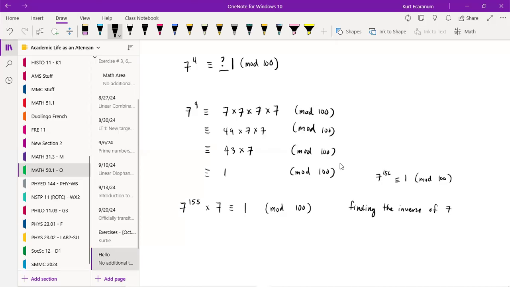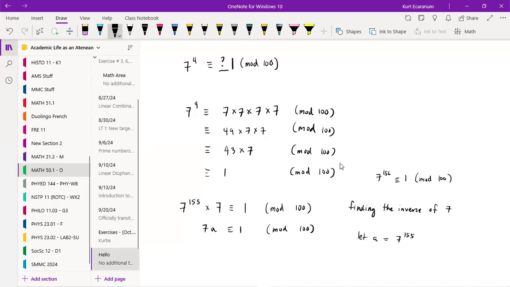And if we can set x, okay, let x, and then let a na lang pala. Let a equals 7 to the 155. So 7a congruent to 1 mod 100.